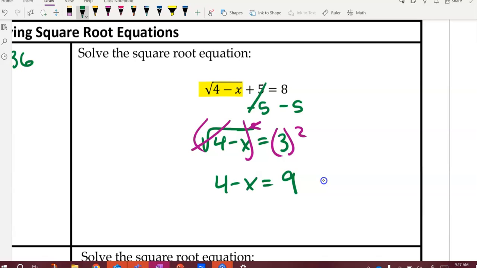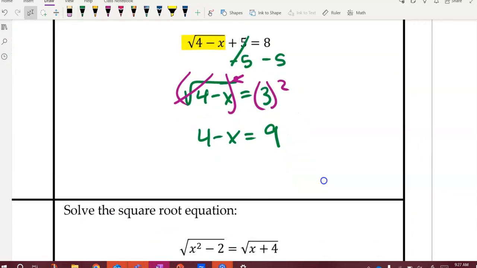Now, I know once problems get to this point right here, some of us get a little confused, but here the negative is attached to the x, not the 4. The 4 is positive. How do I know it's positive? There's no sign in front of it. So we're going to subtract the 4.